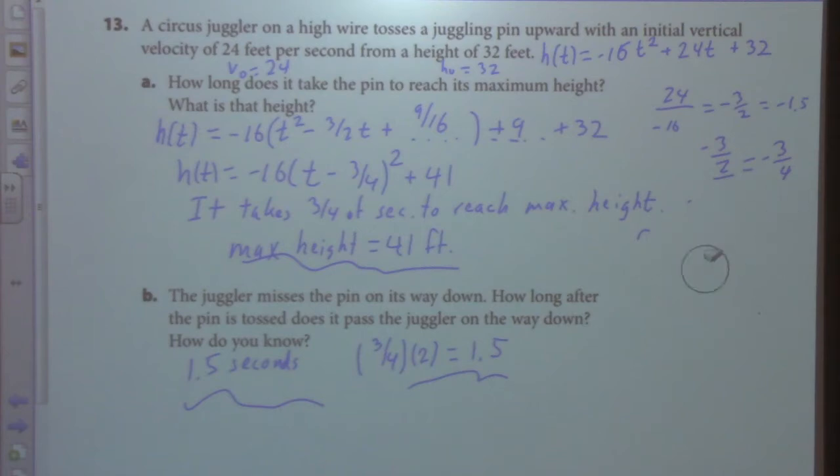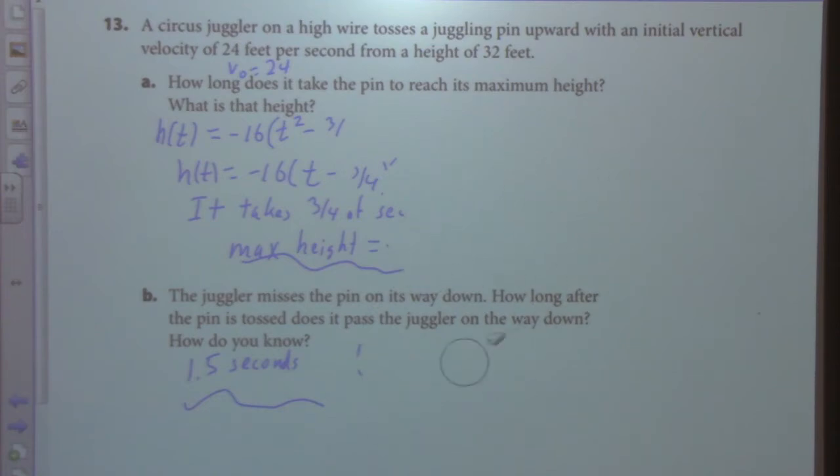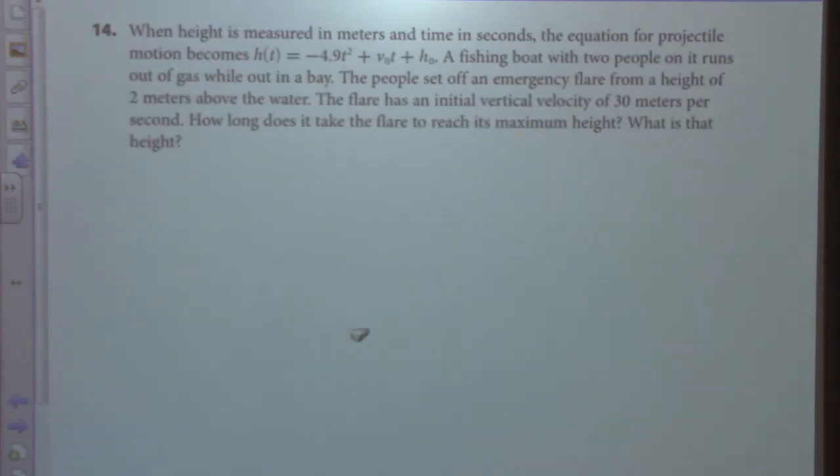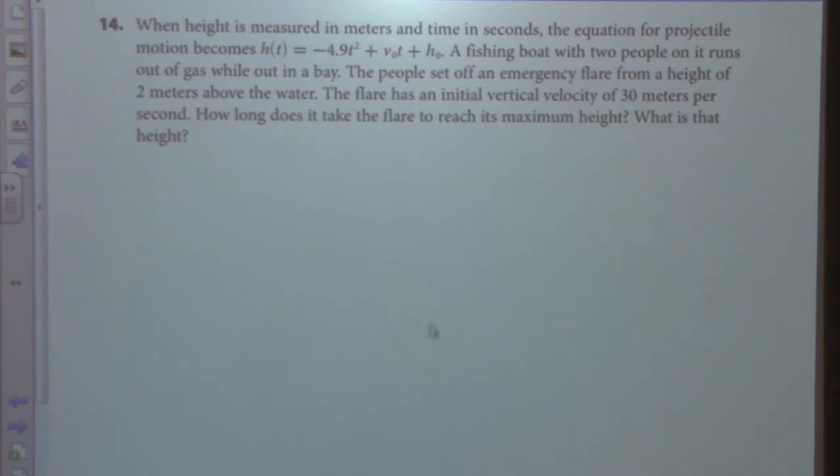It's going to be the same type of process, except what? You got negative 4.9, all right? And you remember me talking about negative 4.9 yesterday a little bit? So just work on this for a couple minutes.